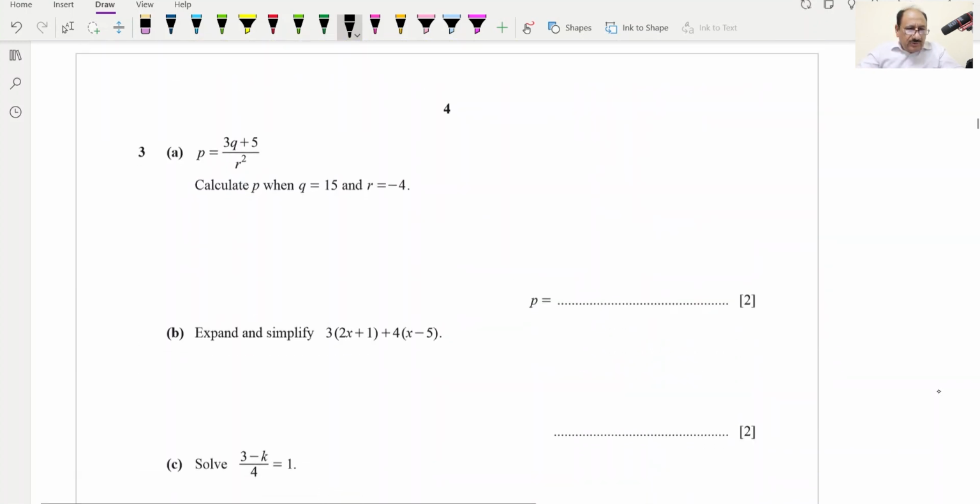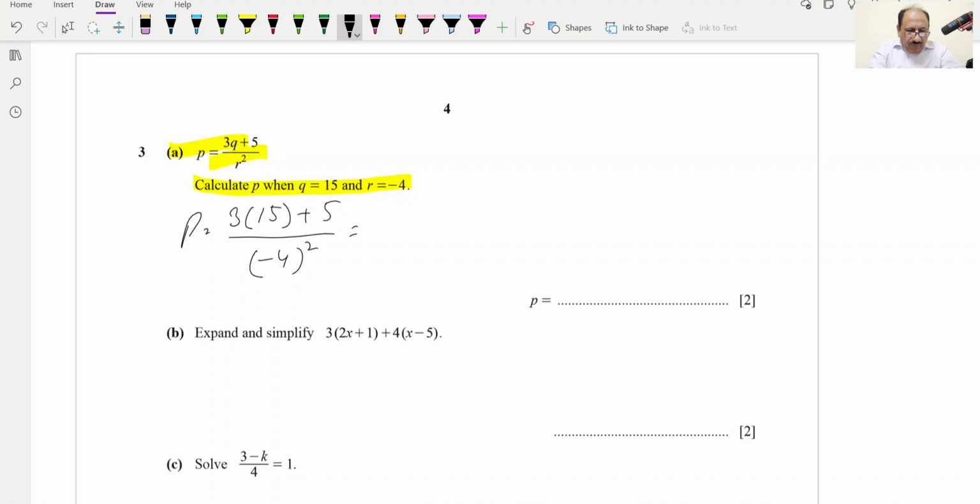Now question number 3. Question 3 says this is the algebraic equation. Calculate P when Q and R. So substitution of values question. So P is equal to 3 into Q value is 15 plus 5 over R value is minus 4. So minus 4 squared, we will be replacing minus 4 in brackets and square will be taken for the whole value.